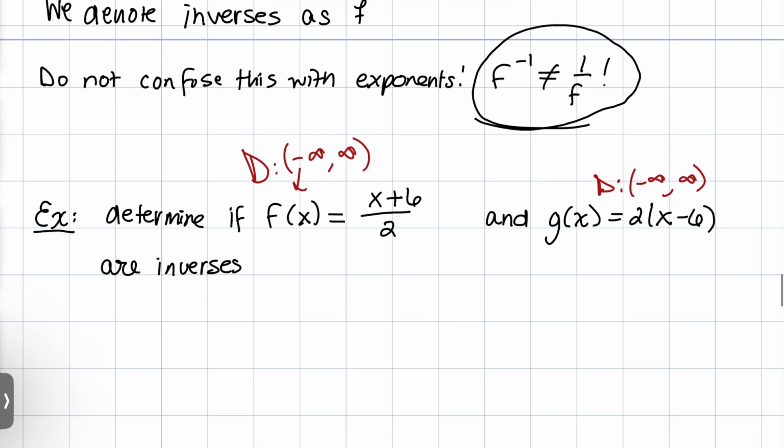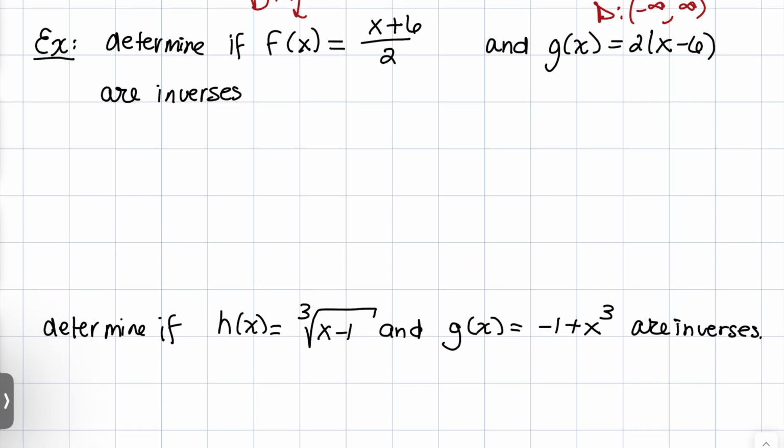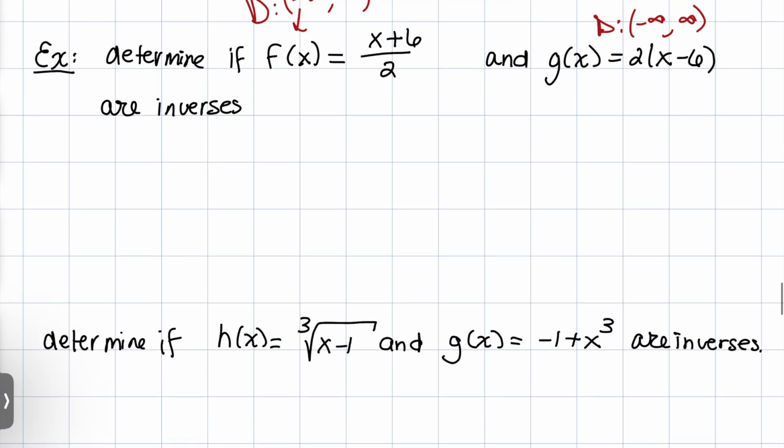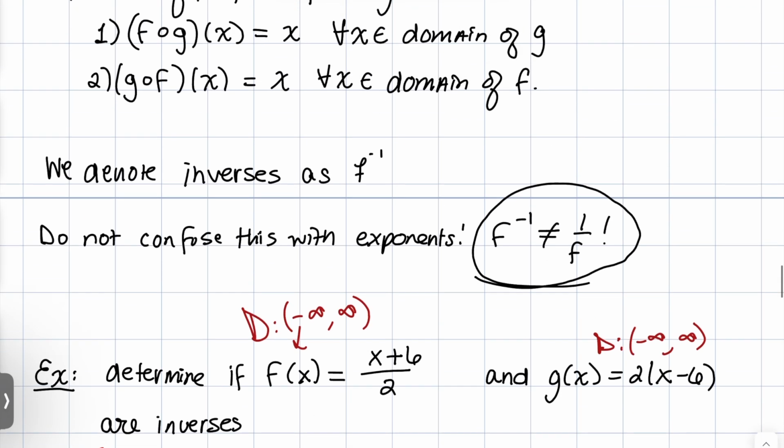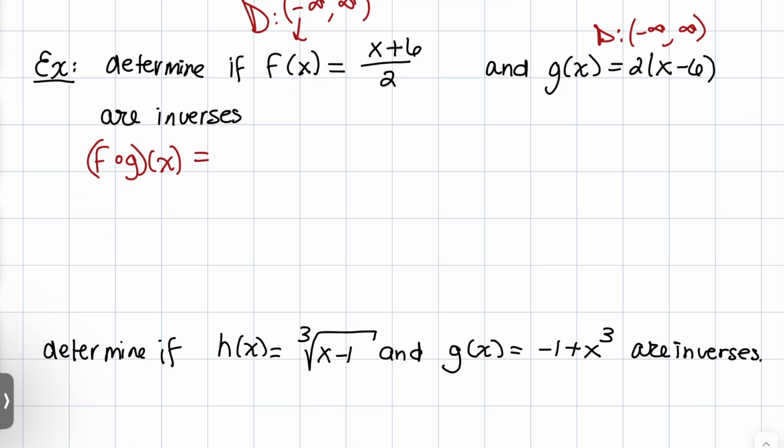Okay, so let's plug them in to see what we get. We need to compute f of g of x first. That's our first step. So we will get f of g, which is 2 times x minus 6. Now, remember, when we're composing two functions, we're replacing them. So we have 2 times x minus 6 plus 6 all over 2.